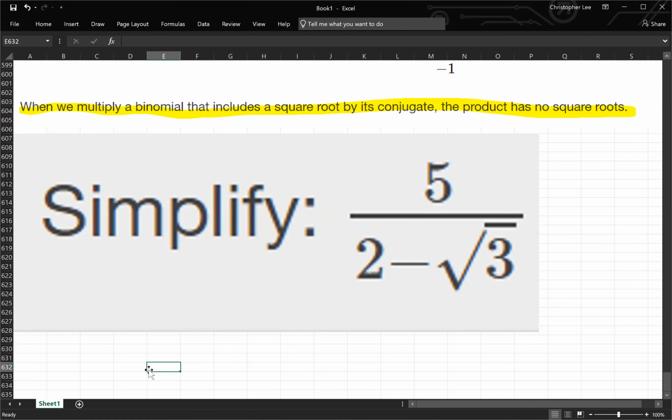All right, so I want to simplify 5 over 2 minus the square root of 3, right? So I'm going to multiply this by its conjugate. What's conjugate mean again? Opposite. So what's the opposite of 2 minus square root of 3? 2 plus square root of 3. But what I do to the bottom, I do to the top, right? 2 plus square root of 3.